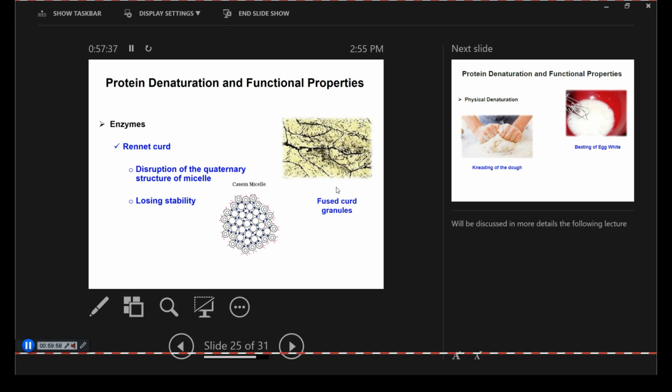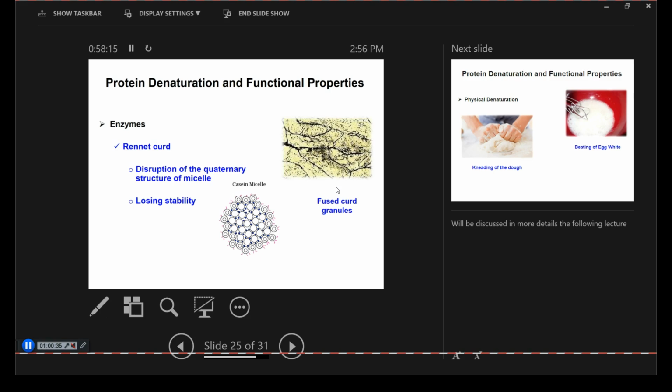Okay, rennet or chymosin is the enzyme that we add to the milk to make cheese. The chymosin enzyme has a very specific cleavage site. We'll talk about that in the dairy protein section. It cleaves a specific site that chops off that very hydrophilic piece of kappa casein. So it gets broken off, and then the whole stability of the micelle is gone because you no longer have any hydrophilic surface.